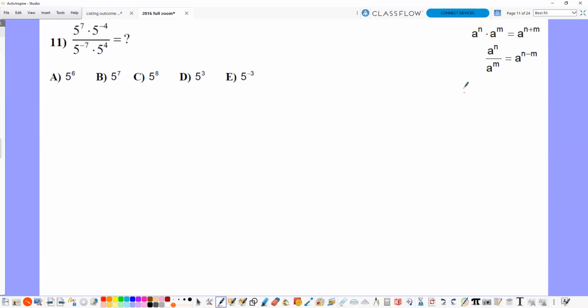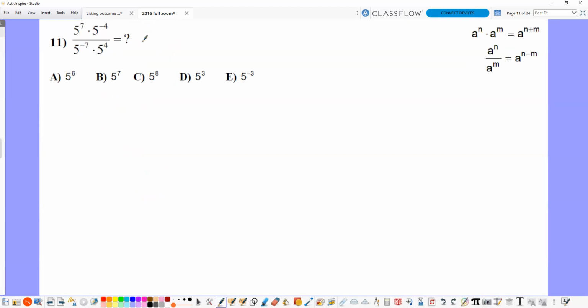Here the power rules I have written once for reminding you. When the bases are the same, if you multiply two exponential expressions, you should add the powers. If you divide them, you should subtract the powers.